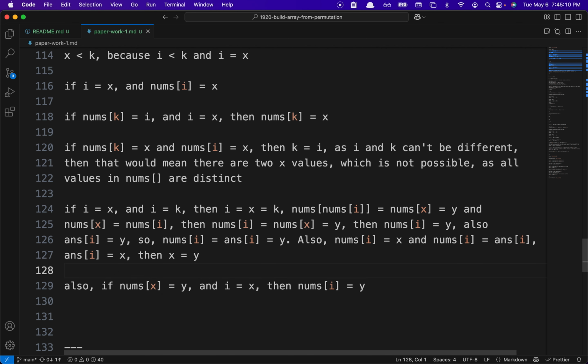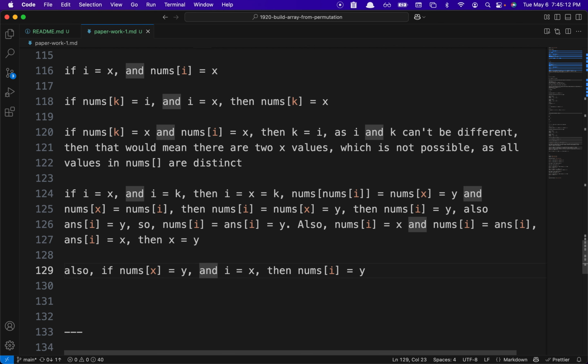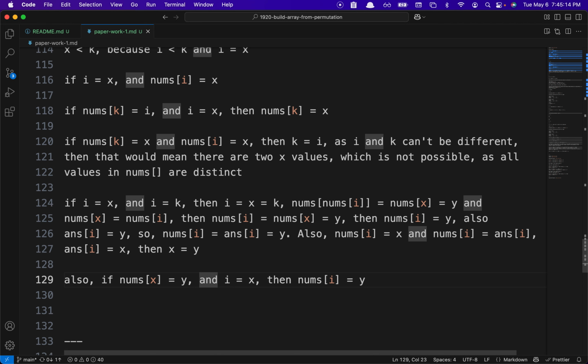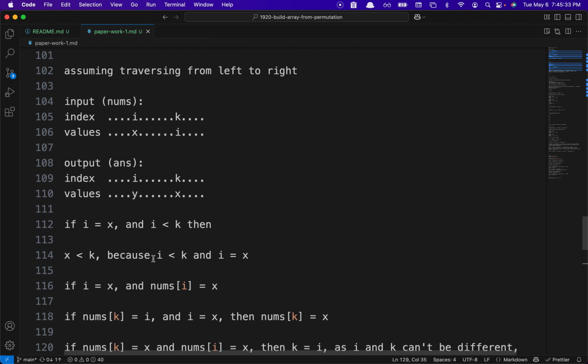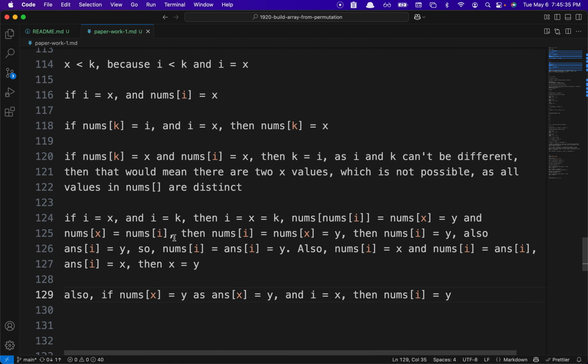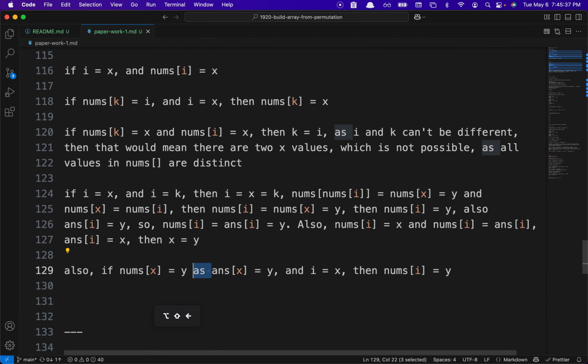So nums of x is y, nums of i is y. So if nums of x basically is y, as answer of x is y, right? Nums of x is not y, it's answer of x is y, right?